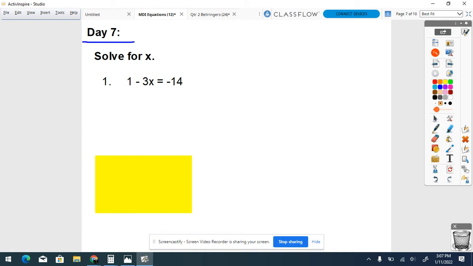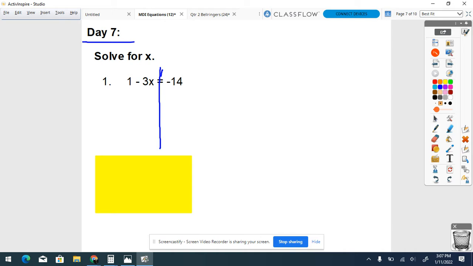All right, so number 1, we need to solve for x. And you'll notice, just like before, this is going to be a two-step equation, as we need to get rid of two things. So looking at the equation, remember, we want to keep the x by itself, so we don't want to touch this. So what do we need to get rid of first? If you said we need to get rid of the 1, you are correct.